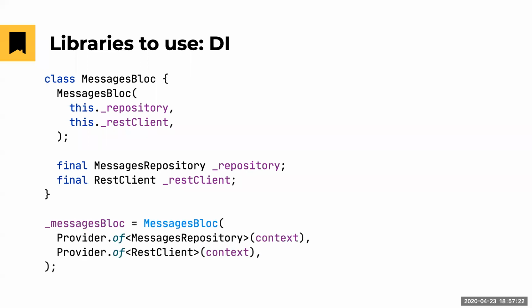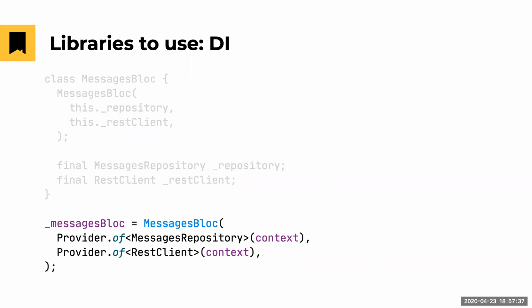Somewhere in the widget, let's say it's the messages screen, we are creating our bloc or our view model and passing the dependencies we retrieved from the provider. It's a so-called poor man's DI, and we can actually go in a more complex way to eliminate the need for creating the bloc manually. But so far we are okay with this approach, and this maybe is a slight overhead.